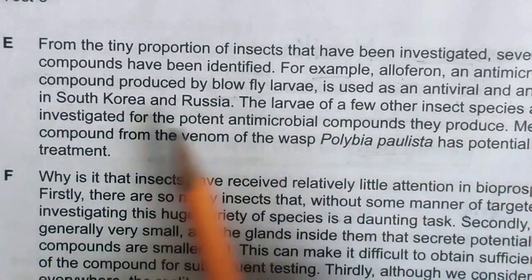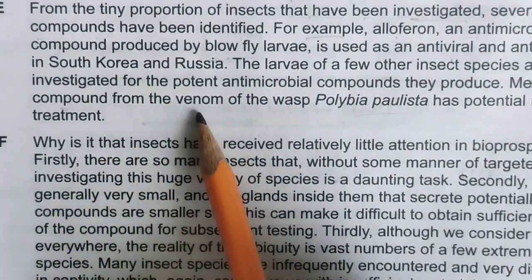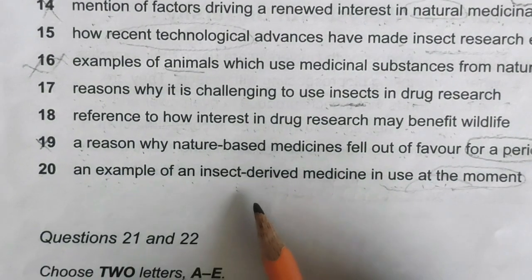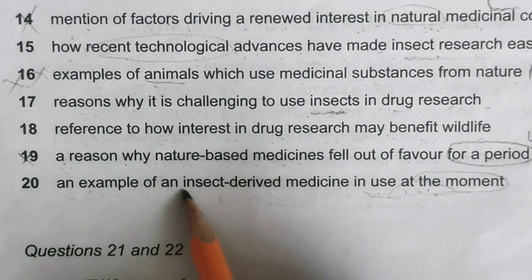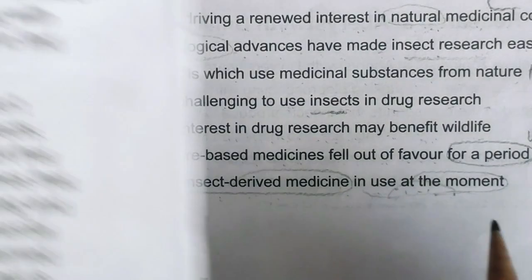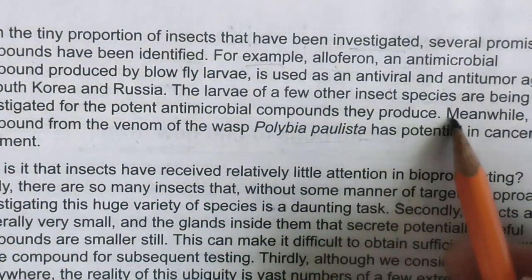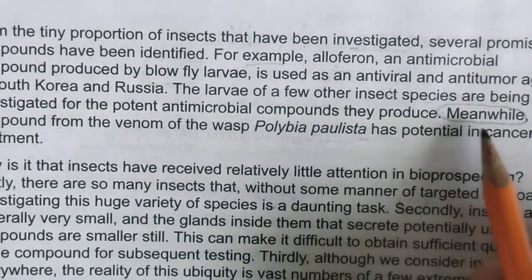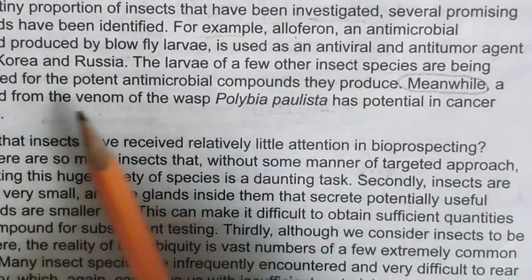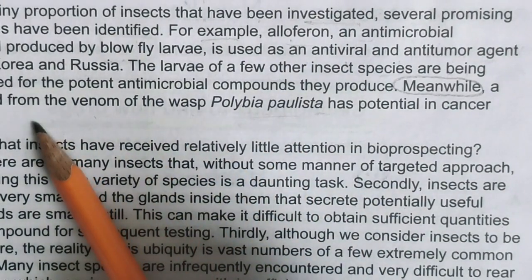Meanwhile, a compound from the venom is used in cancer treatment. So without any thinking, insect-derived medicine in use at the moment. Meanwhile is the word for used at the moment.